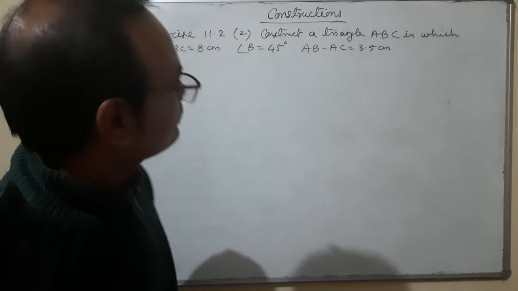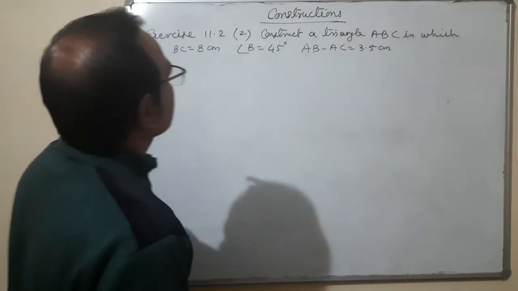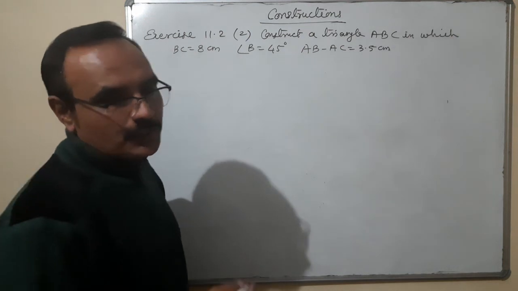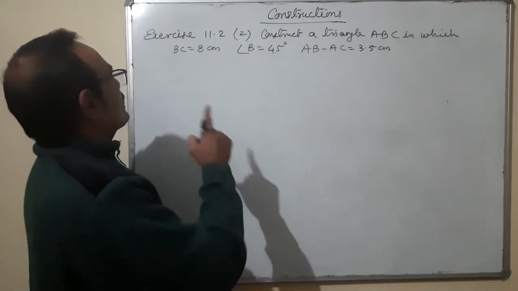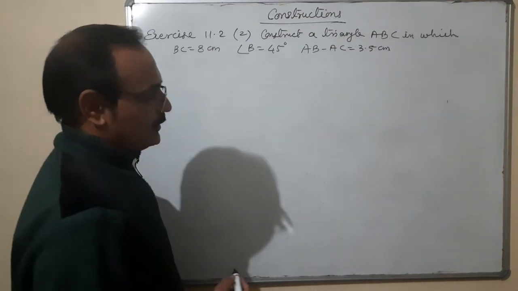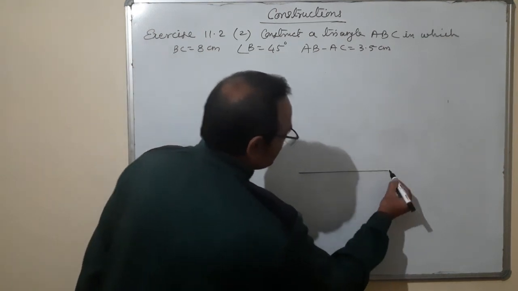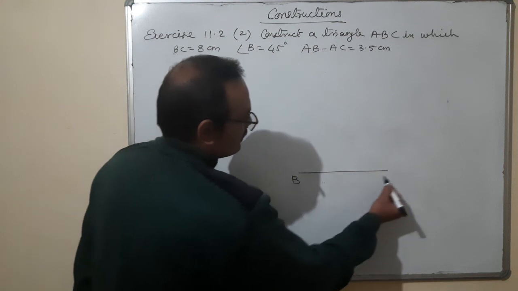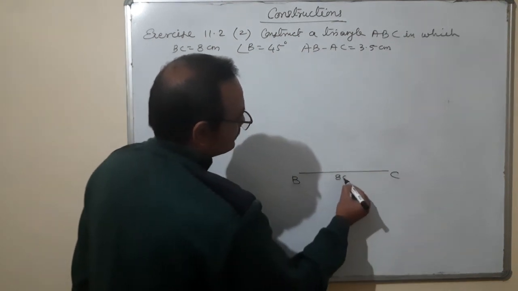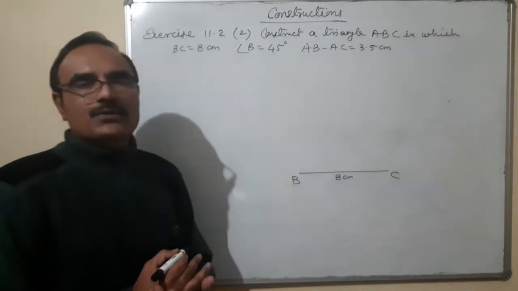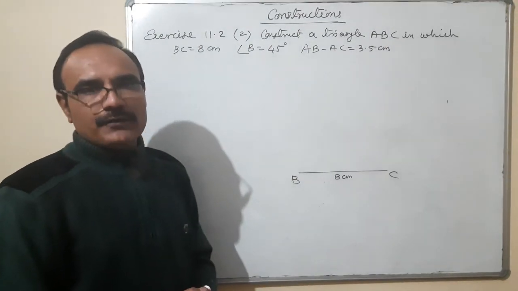Almost the same as question number 1. We have to draw a line segment BC equal to 8 centimeter. Angle B is equal to 45 degree. How to draw the 45 degree?